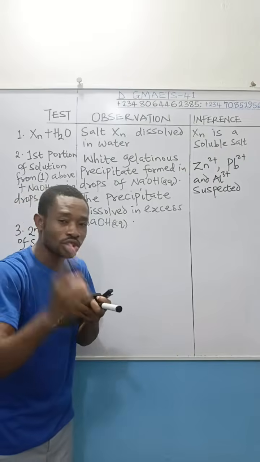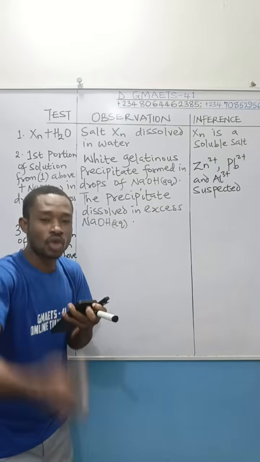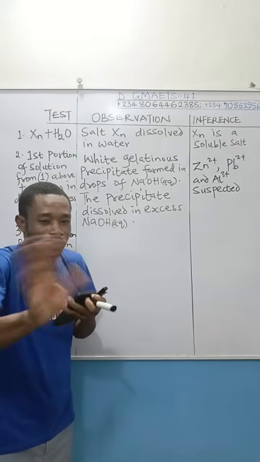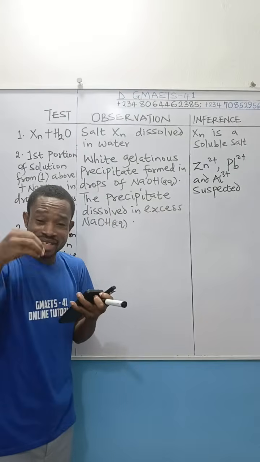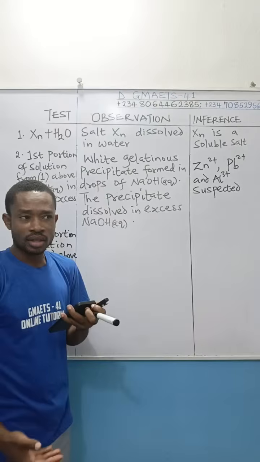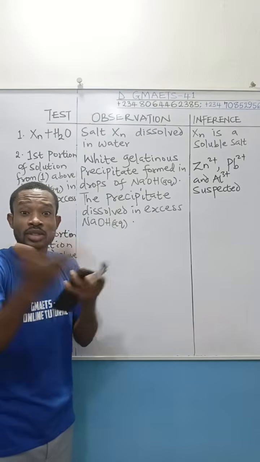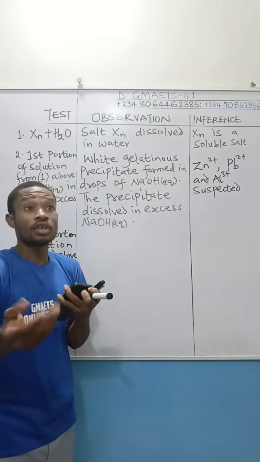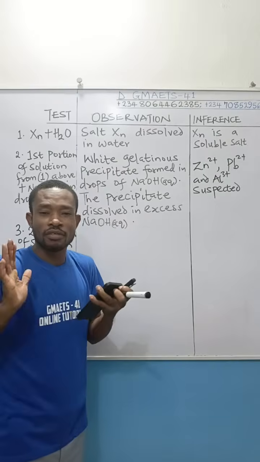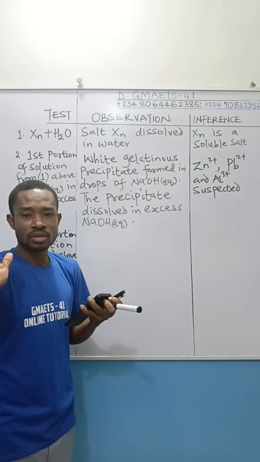It's only calcium that will produce a precipitate which will not dissolve in excess of sodium hydroxide. So that one is not your problem. Based on what I've said now, if you see it tomorrow or other days of your exam, once you add sodium hydroxide in drops and in excess, you get a precipitate, and then you add in excess, the precipitate did not dissolve, simply you know it is calcium ion, Ca2 plus.